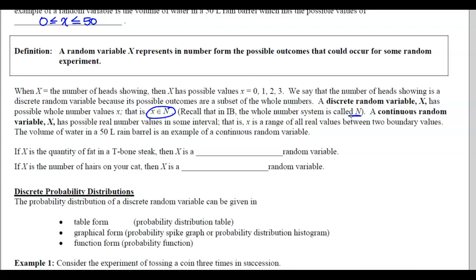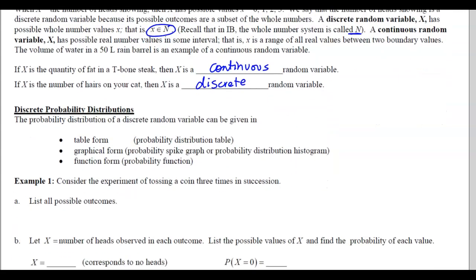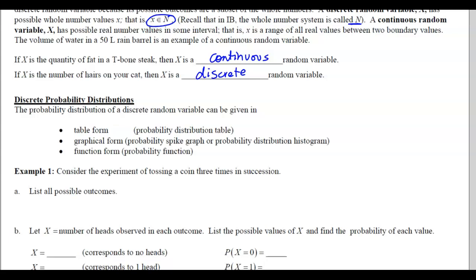Even if it's a short hair compared to a long one, it's still one. Think about it as hair follicles, maybe. In any case, this is discrete, and this is continuous. Same words we use for functions, right? We were talking about domain and range.